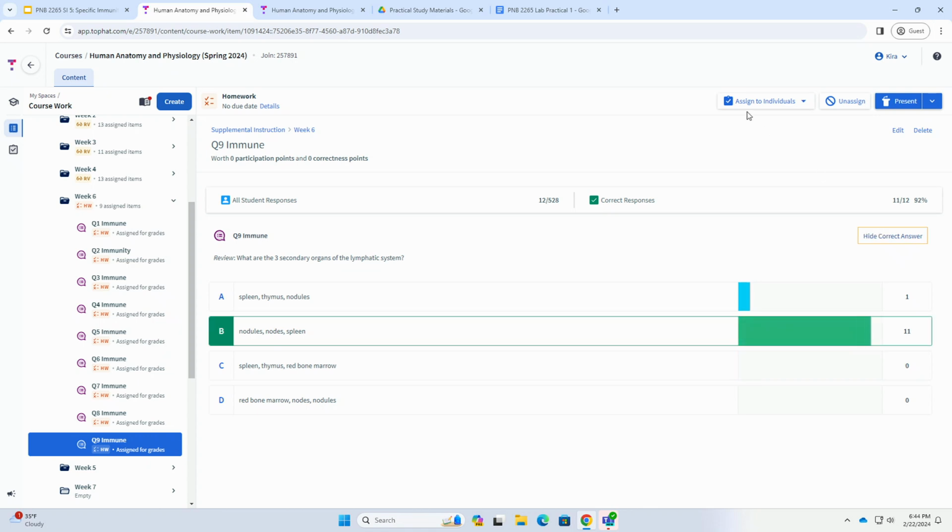So just to remember, the primary organs, I believe, are the thymus and red bone marrow. Secondary organs: nodes, nodules, and spleen, just to keep those straight.